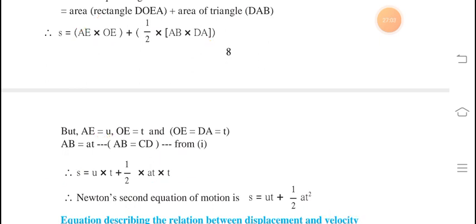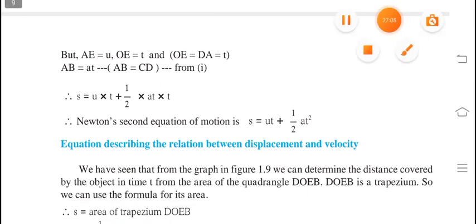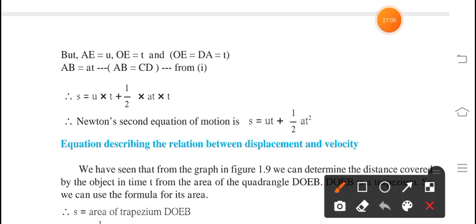Now S is equal to UT plus half, this 80 multiplied by T, that is 80 square. So my second equation of motion is S equal to UT plus half 80 square. So this is your second equation explanation.